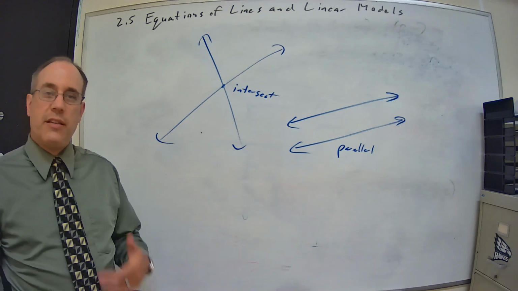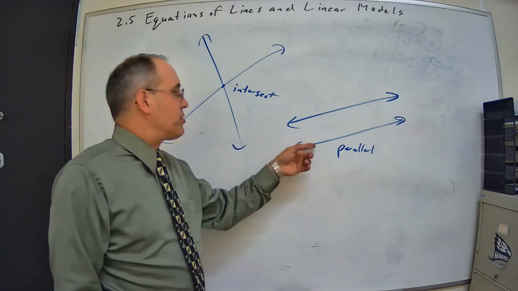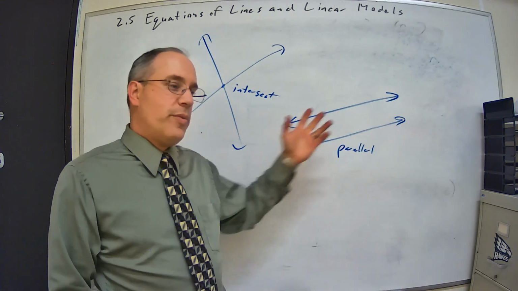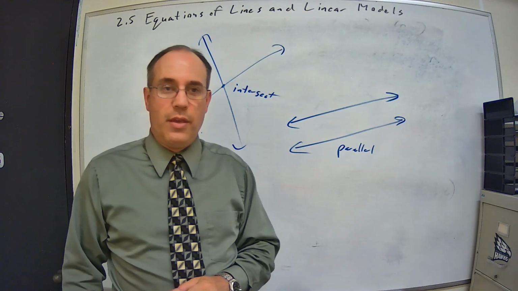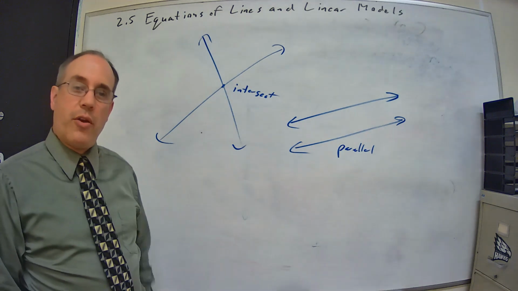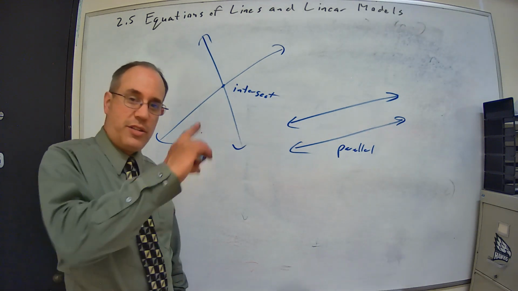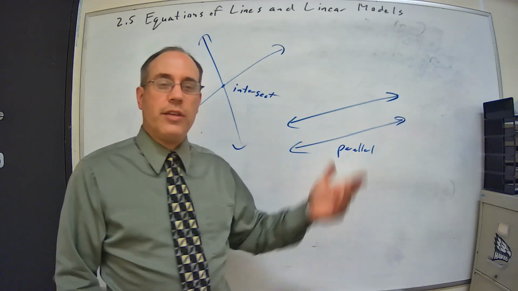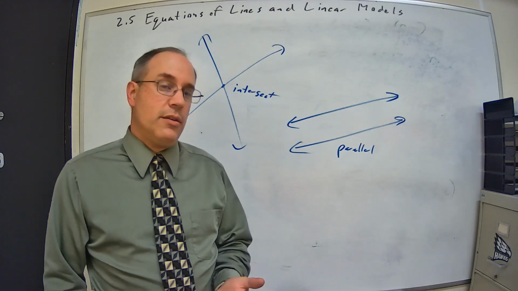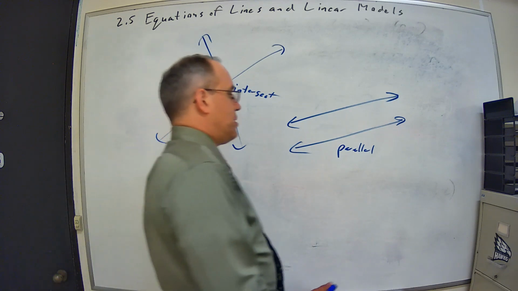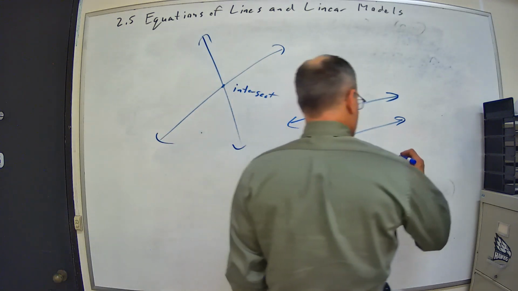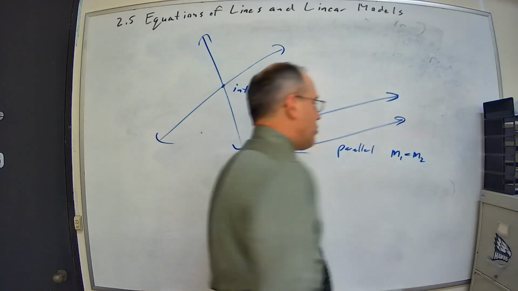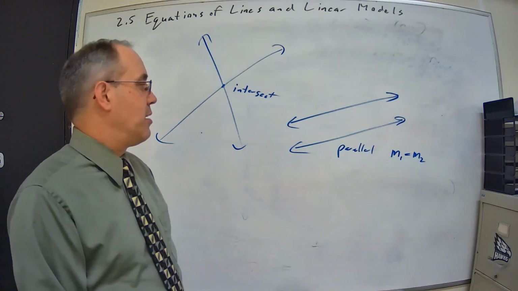So if they don't intersect, they're parallel, which means that there's a constant distance between the two of them. The distance between them does not change. It also means if they're parallel, since there's a constant distance between them, they're both rising or falling at the same rate, which means that the slope of the first line is equal to the slope of the second line.